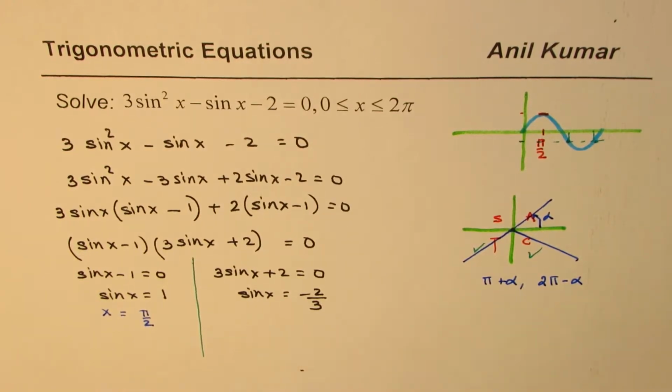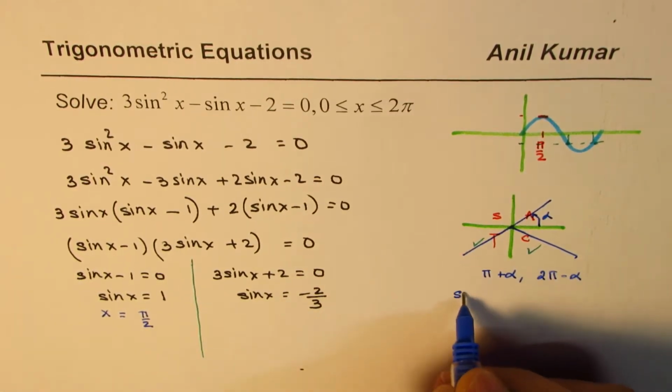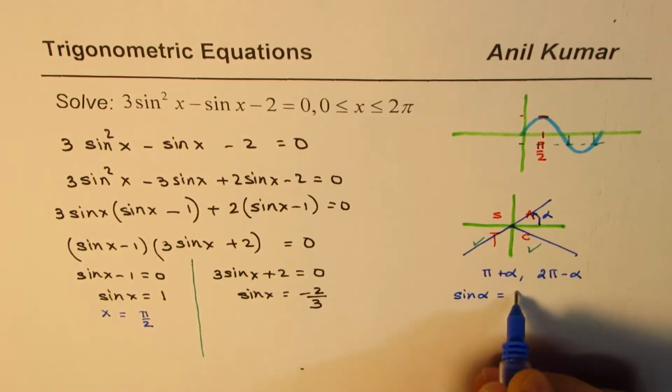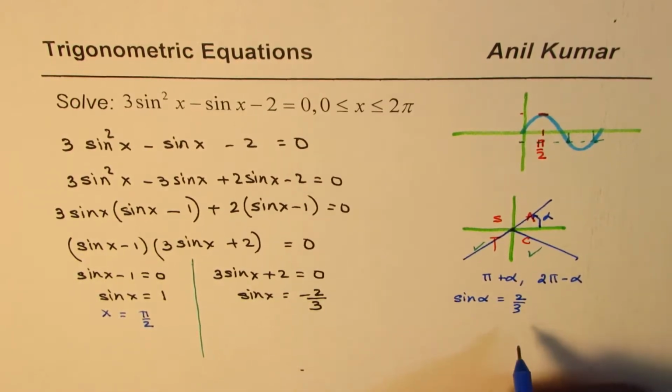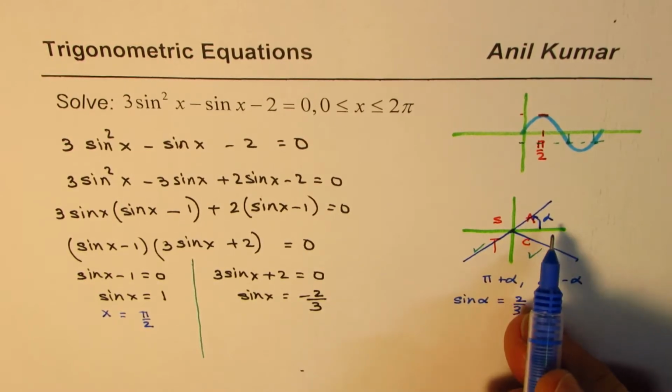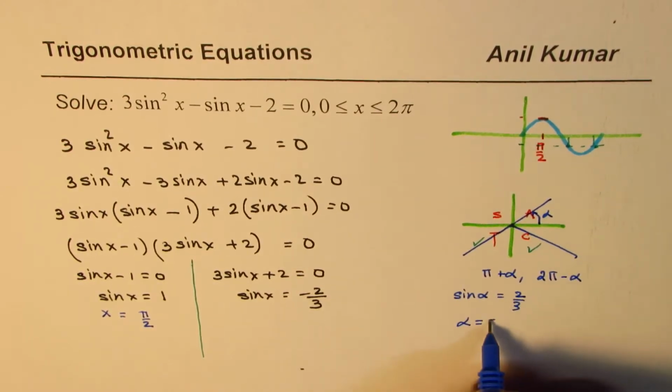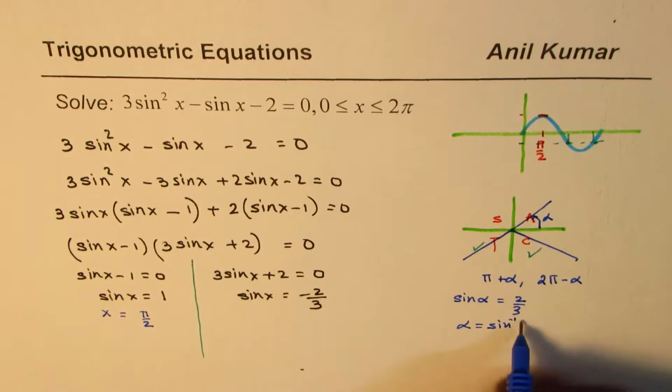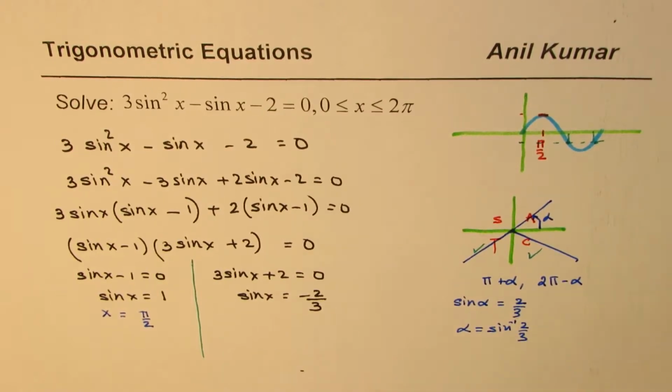So these are the solutions. Now we need to find this acute angle alpha first. So we are saying that sine of the acute angle alpha is 2 over 3, right? So we just forget about negative. We're looking for the positive value. So alpha is sine inverse 2 over 3, right? So that's the angle alpha.